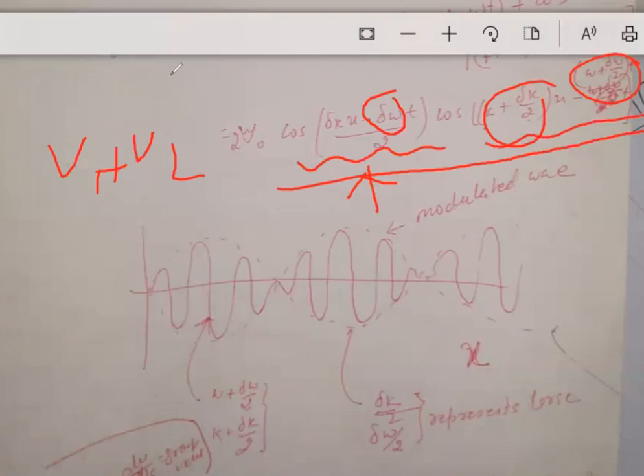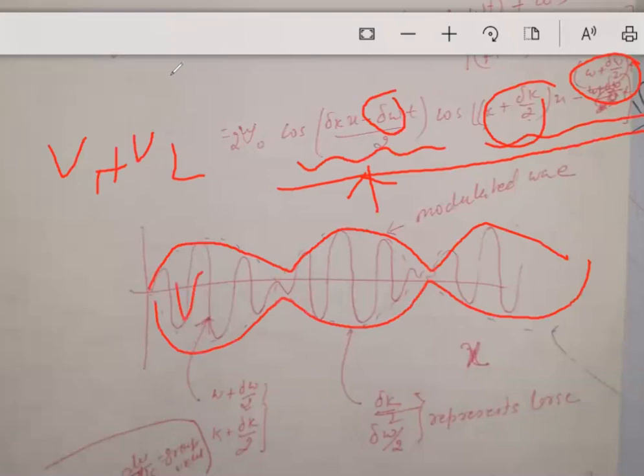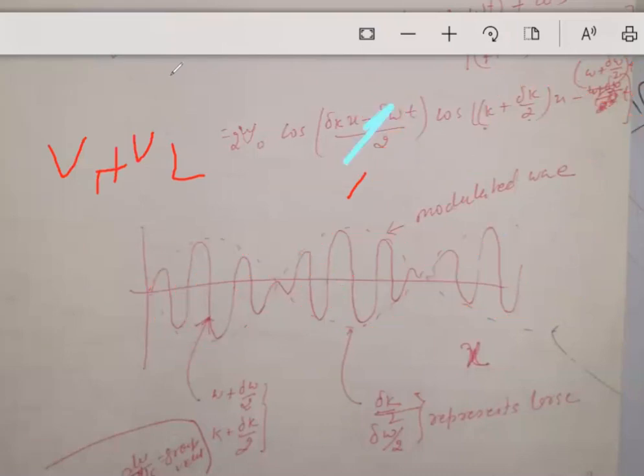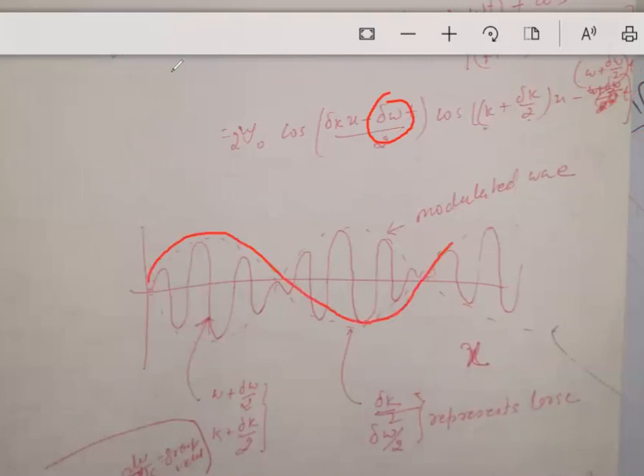If you look, there is one bigger envelope, and there are smaller ones. If frequency is small, it means the time period will be larger. So this one corresponds to a small velocity.